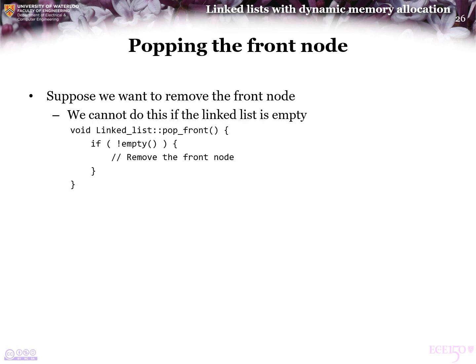So suppose that we do want to remove the front node. We're not going to do anything if the list is empty, so we will simply ask, if not empty, then we will remove the front node. Remember that inside a member function, if we call another member function, that member function is automatically called on the same object that this particular member function was called on.